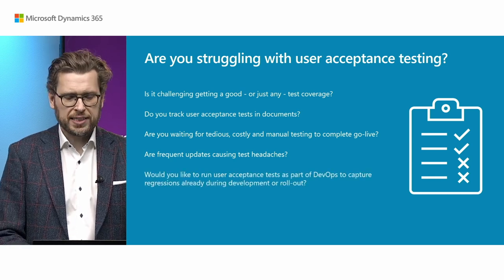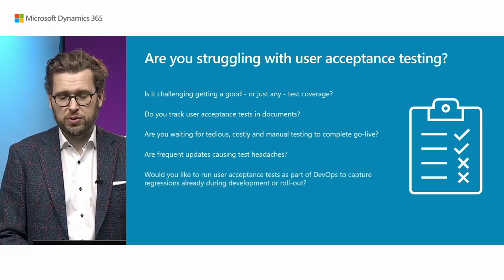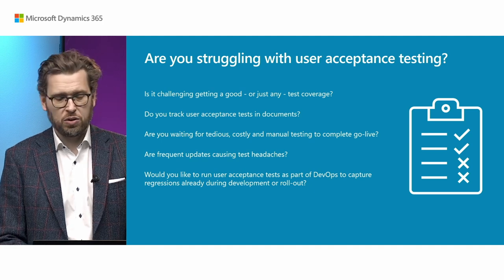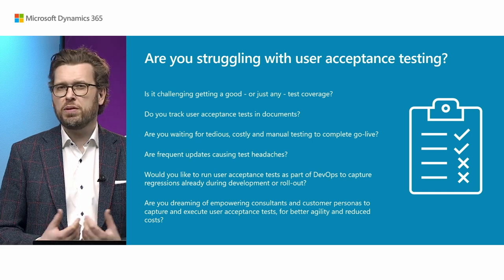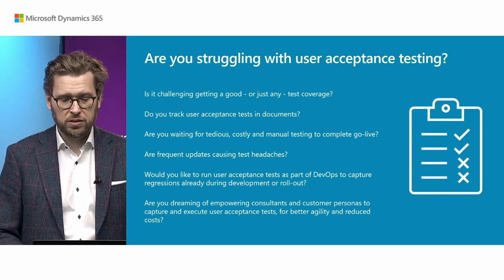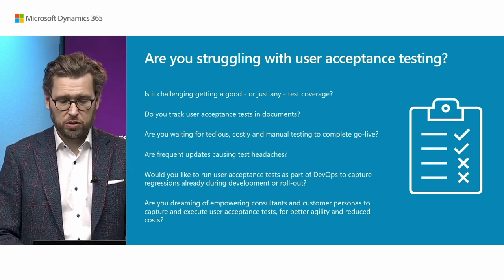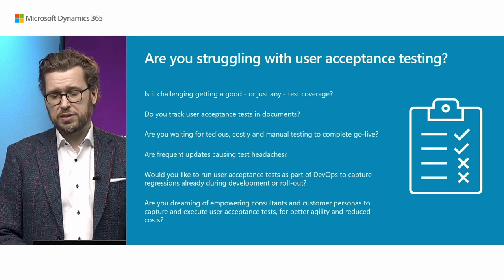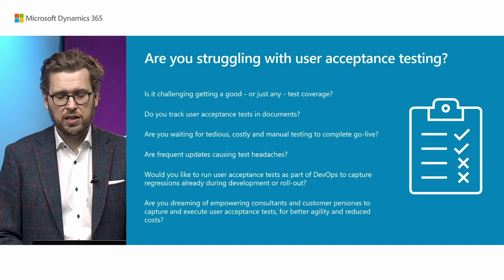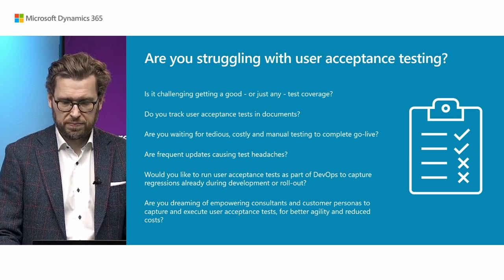Would you like to run acceptance tests as part of DevOps to capture regressions already during development or as part of rollout? And are you dreaming of empowering consultants or even customer personas to capture and execute user acceptance tests for better agility and reduced costs?